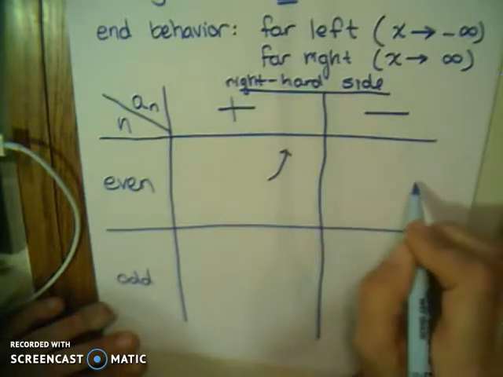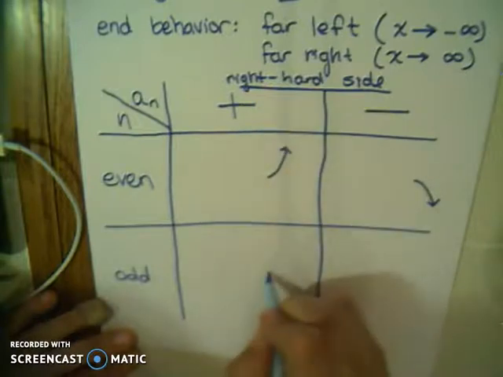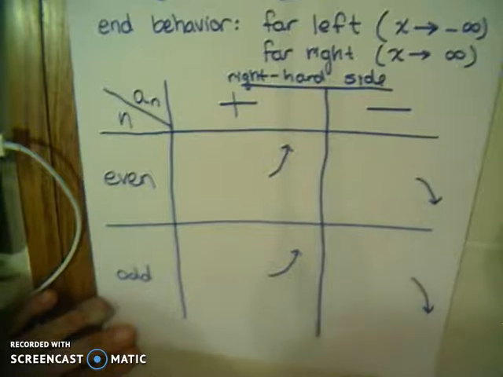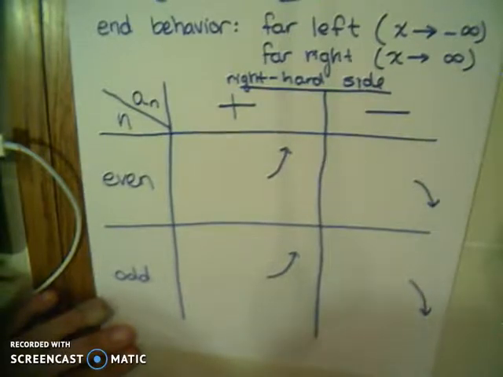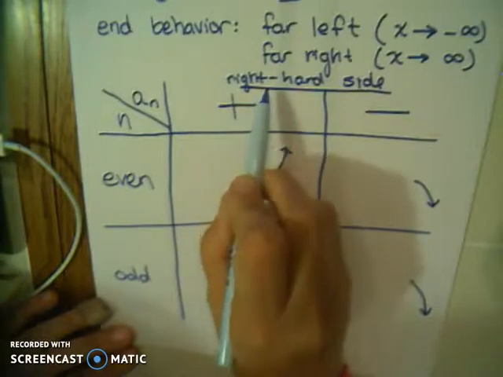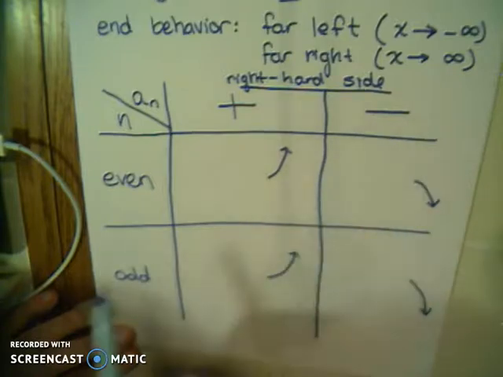If it's negative, the right-hand side is going down. So the sign of your leading coefficient tells you what the right-hand side of the graph is doing. Positive means up, negative means down.